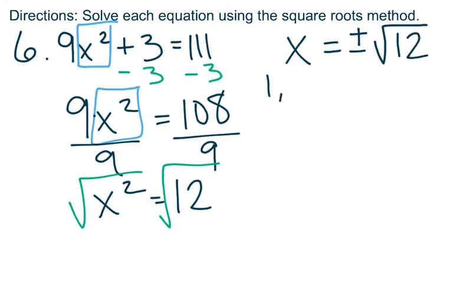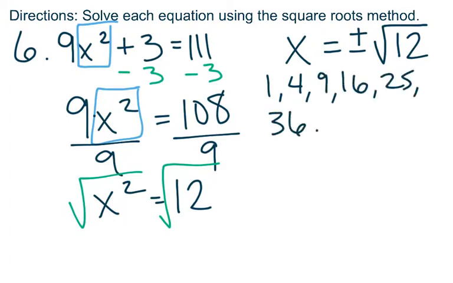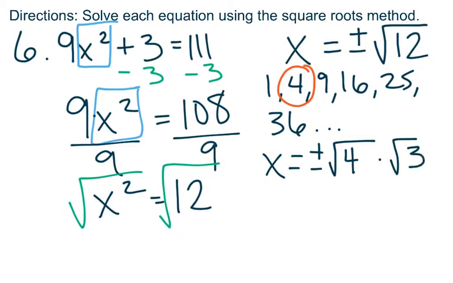So remember, here are your perfect squares. These are just some of them. I want to find the biggest perfect square that 12 is divisible by. So the biggest one is going to be 4. So what I'm going to do is I'm going to rewrite it. Plus and minus the square root of 4 times the square root of 3.